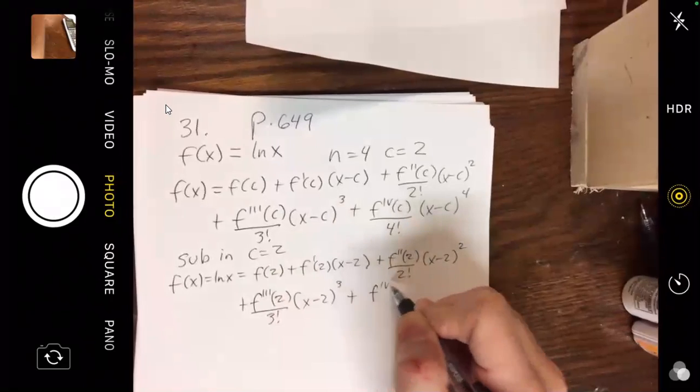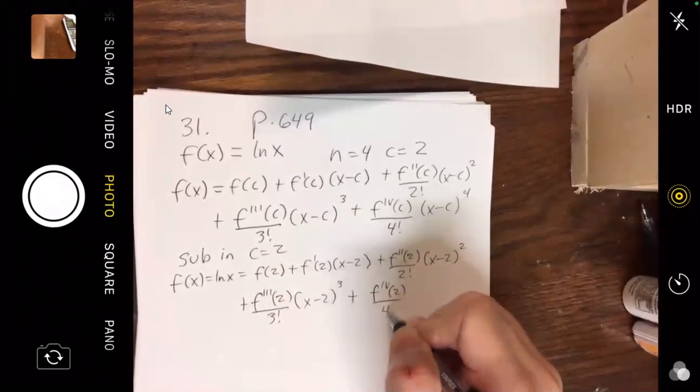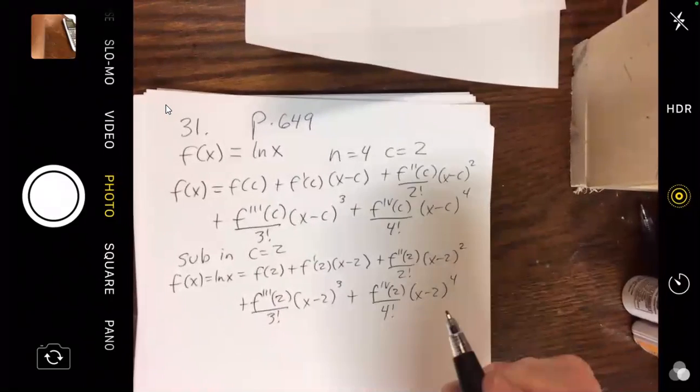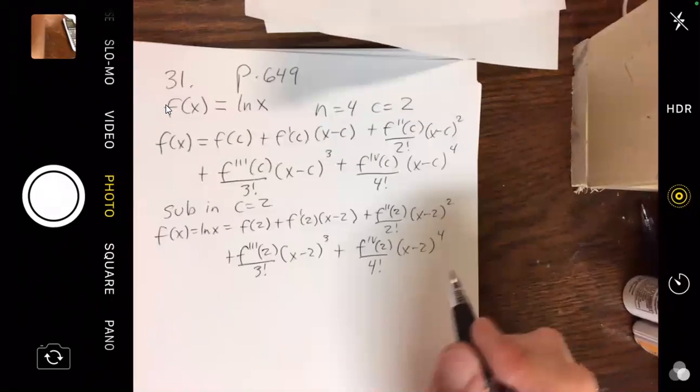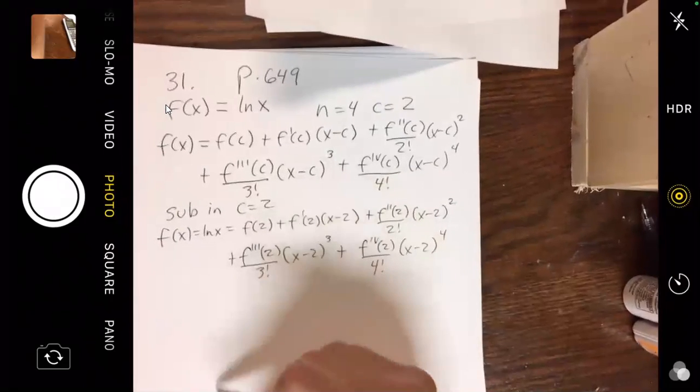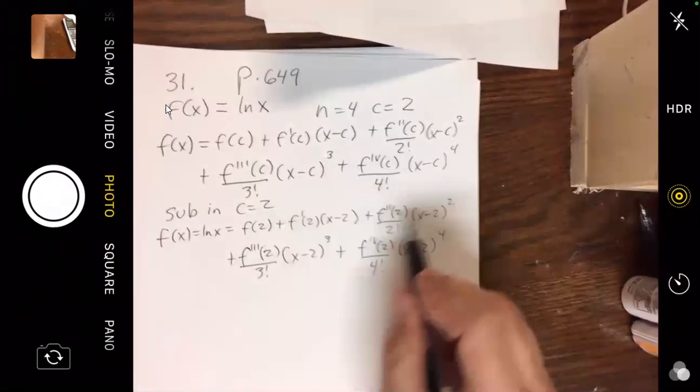Finally, fourth derivative of 2 over 4 factorial times x minus 2 to the 4th. I know it takes a little more work writing it out, but to me it's worth the effort because then when I make my table, I know exactly where I'm plugging and chugging.